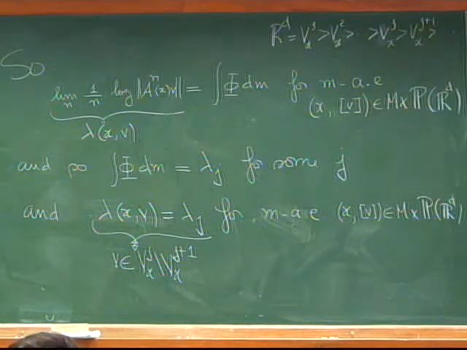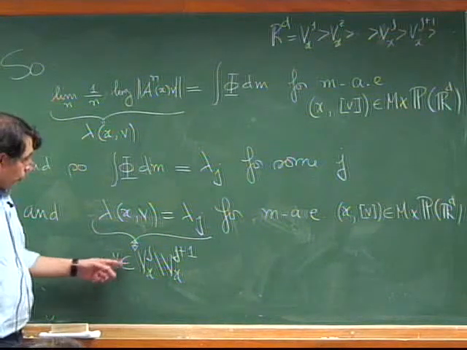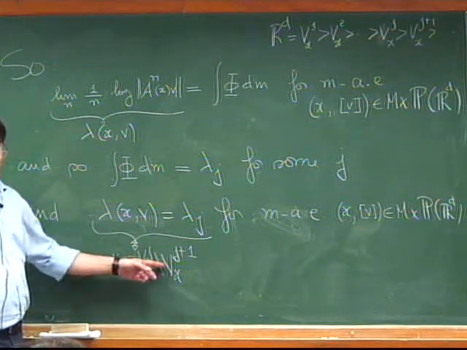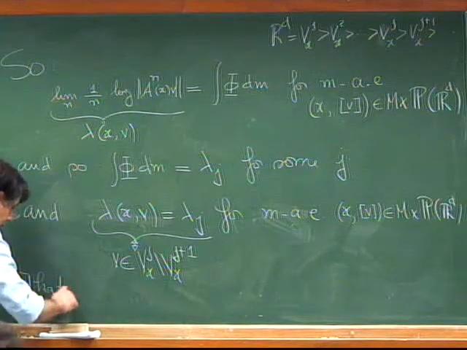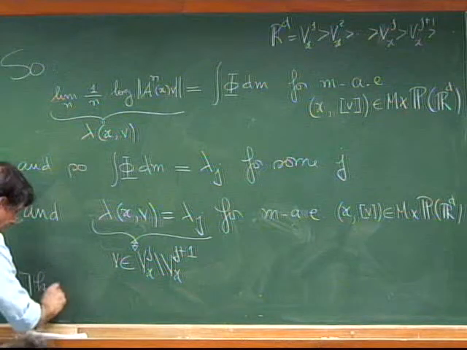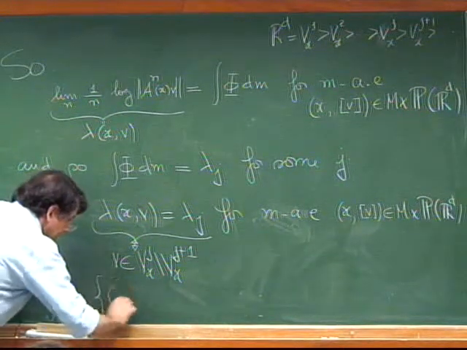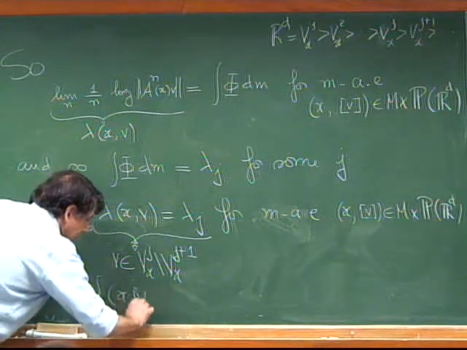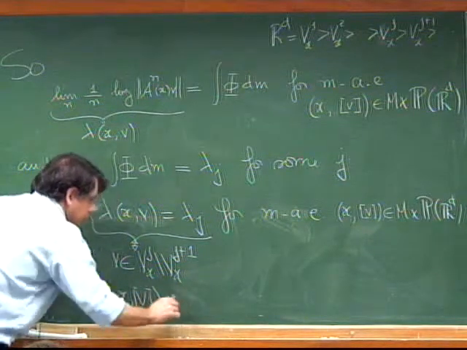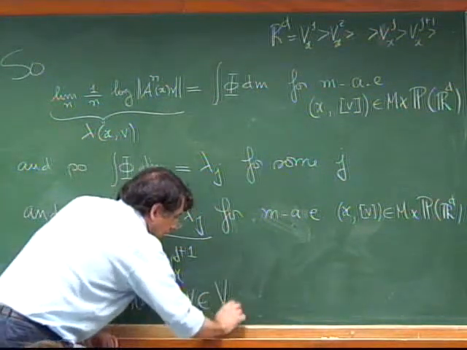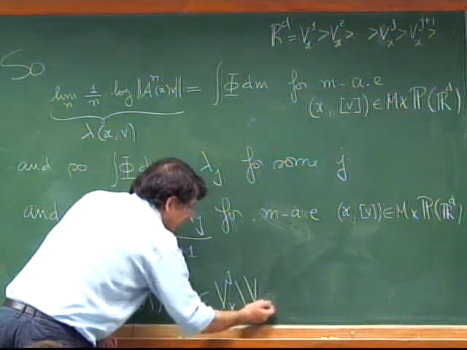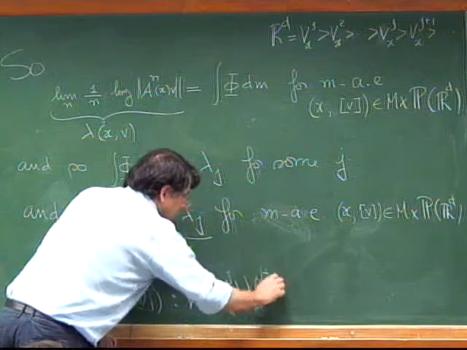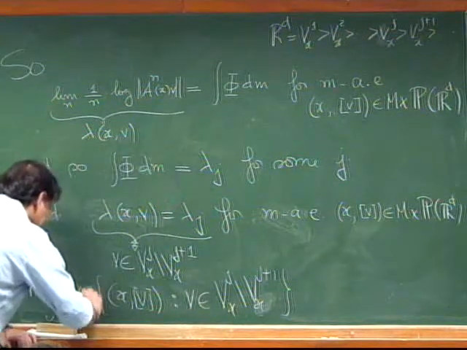So now you read what is written there, and it is written that almost all points are here. So it is written that the set of points x, v, such that v is in the difference has full measure.